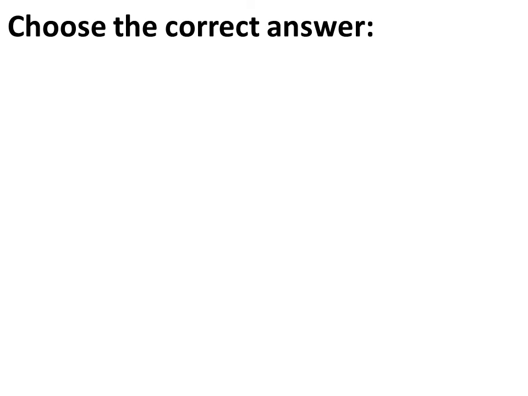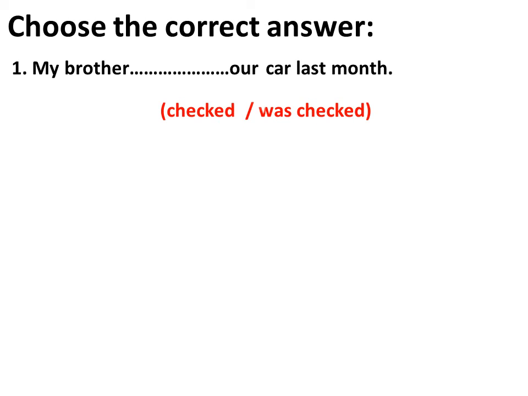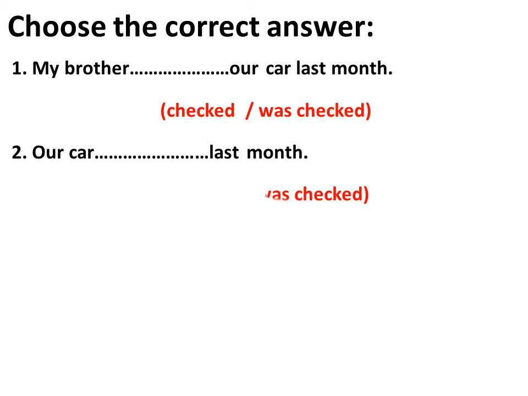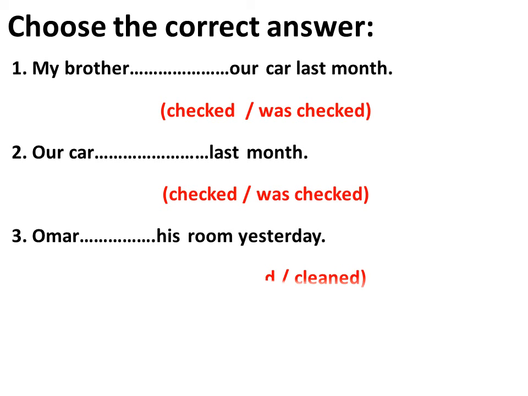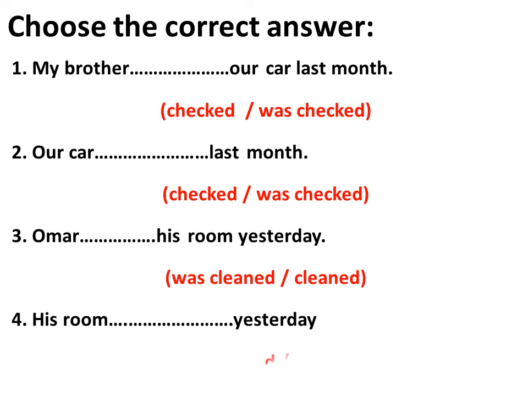Now let's choose the correct answer. Number 1, my brother checked or was checked our car last month. Number 2, our car checked or was checked last month. Number 3, Omar cleaned or was cleaned his room yesterday. Number 4, his room cleaned or was cleaned yesterday.